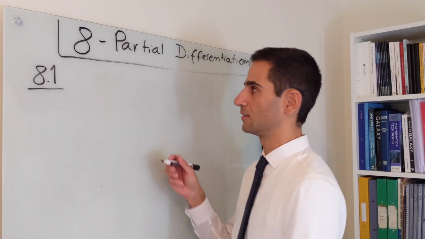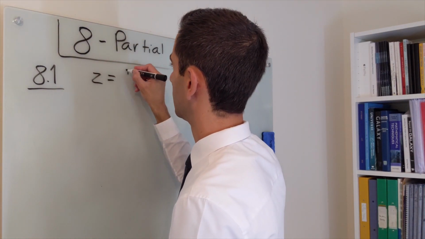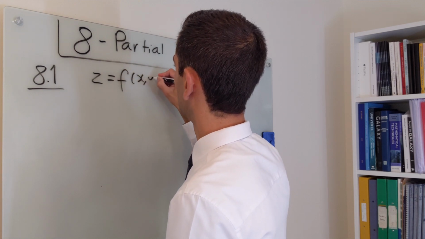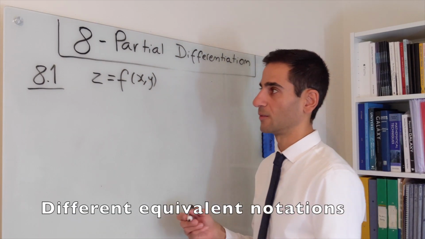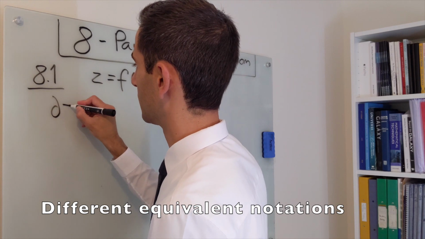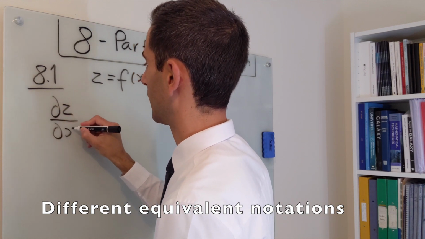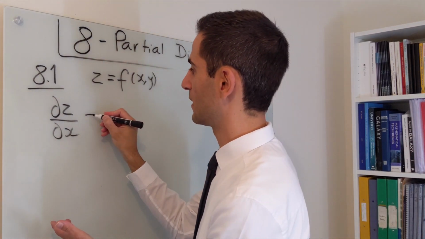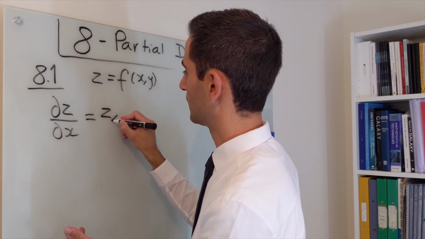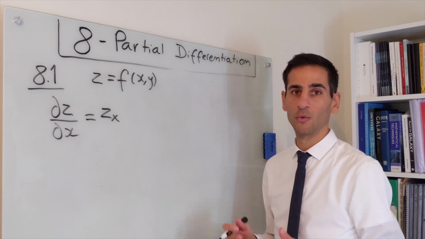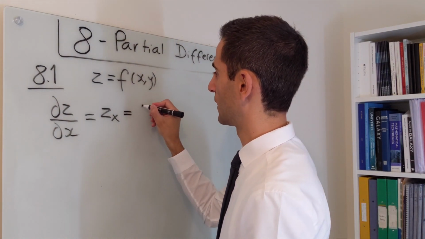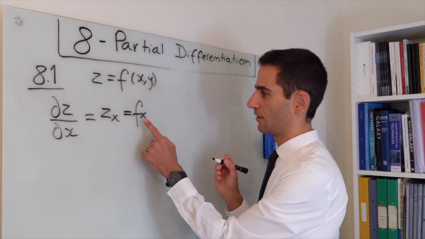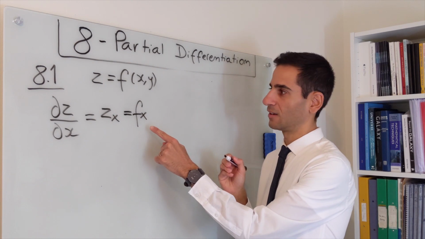If we're looking at a function z that depends on x and y, we already saw that we can write the partial derivative of z in respect to x in this way. This is the Leibniz notation. This is the same as writing z x, which is also the same as writing in this compact notation f with this x on the bottom.